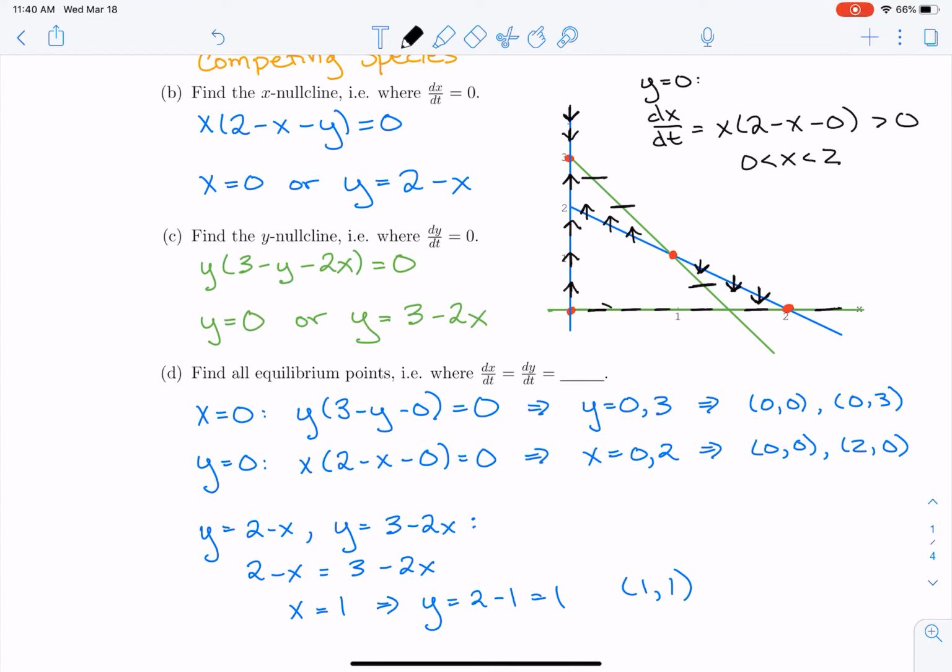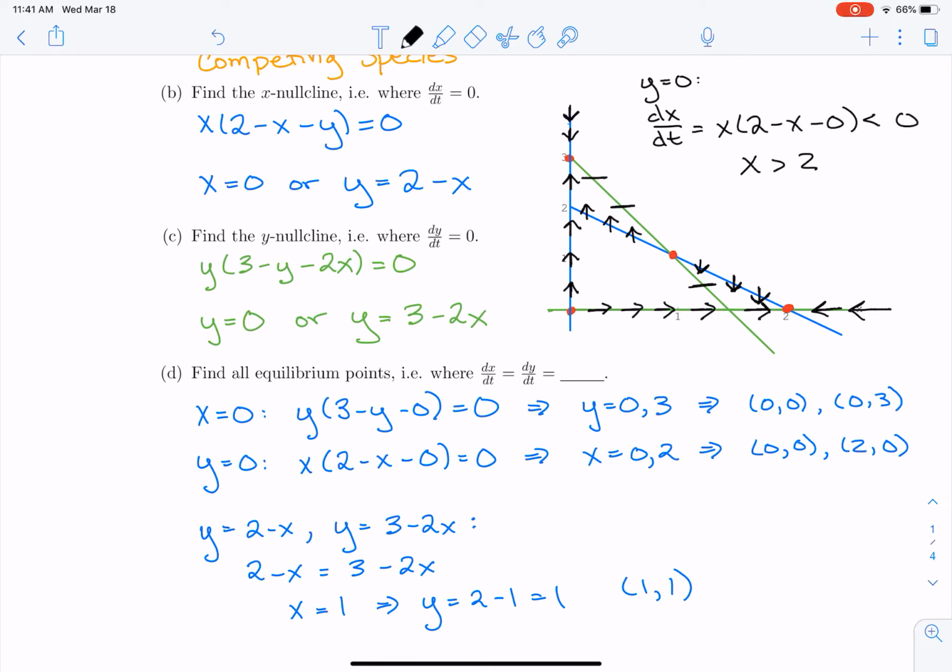That says that my nullcline slopes are going to be pointing to the right. I'll also note that that derivative is negative when x is bigger than 2, and so therefore slopes to the right of 2 are going to be pointing to the left.